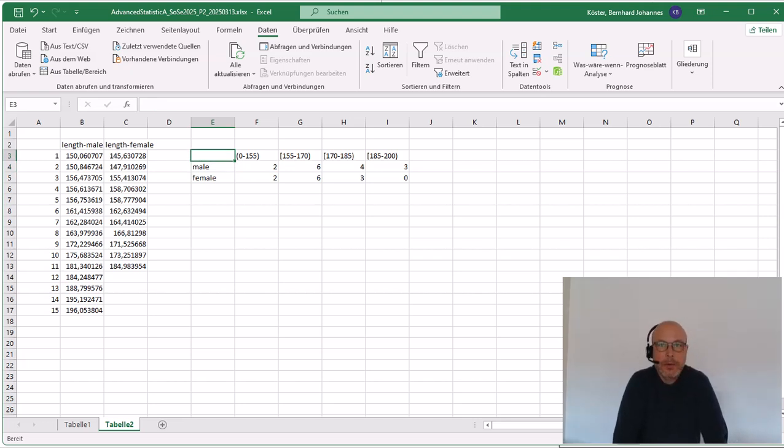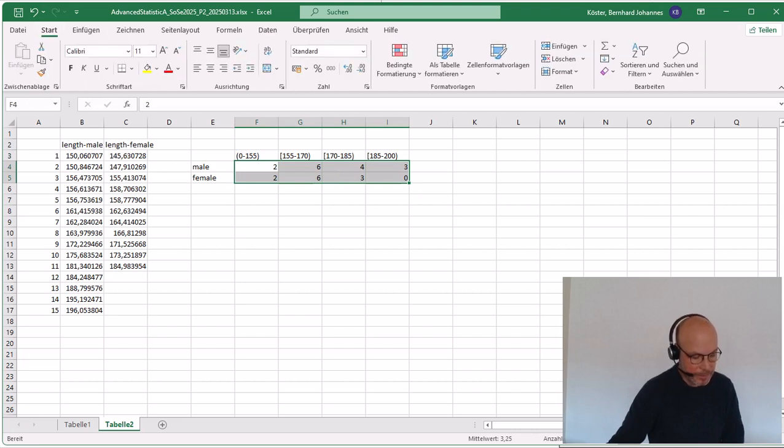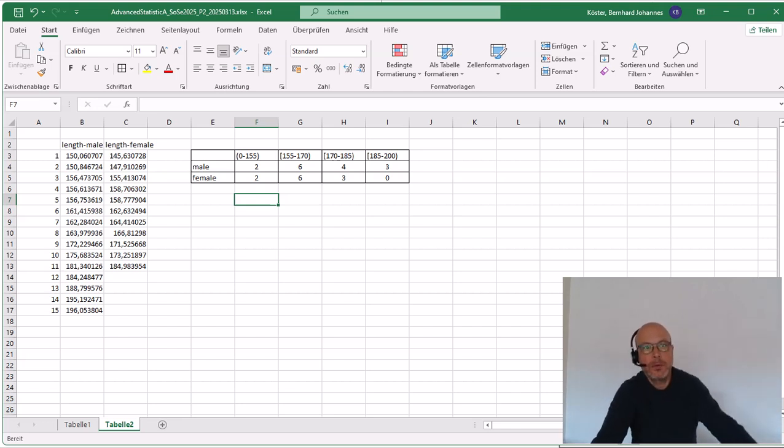So, in order to calculate now the marginal distribution of this contingency table, what do we have to do then? Therefore, we want to know how many people out of our sample are now relative to the full distribution.